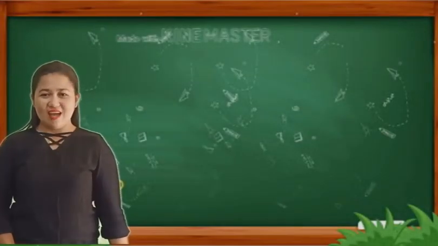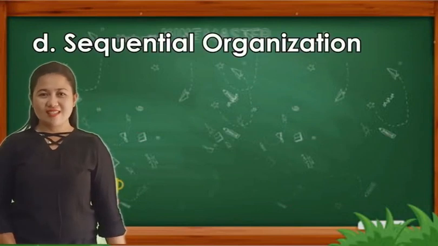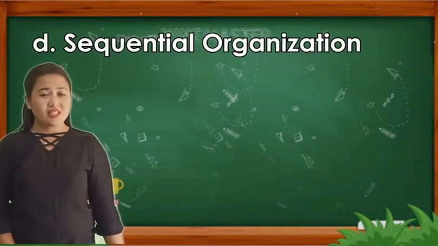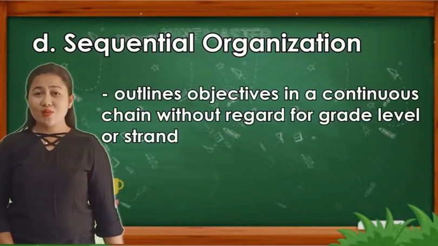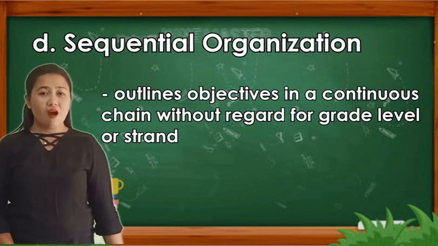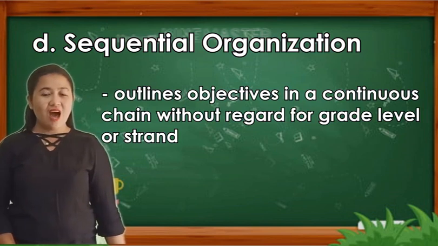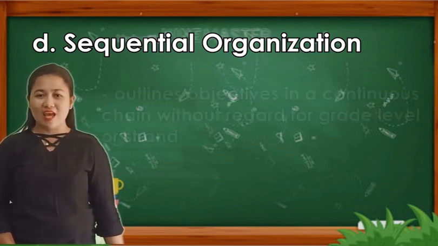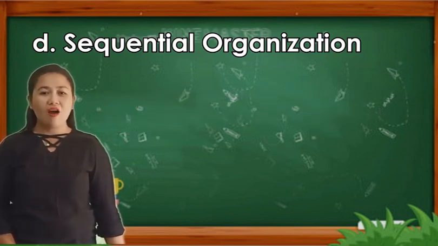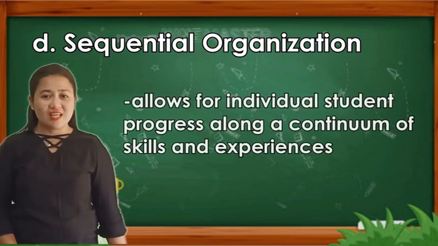Letter D. A sequential organization outlines objectives in a continuous chain without regard for a grade level or strand and allows for individual students' progress along a continuum of skills and experiences.